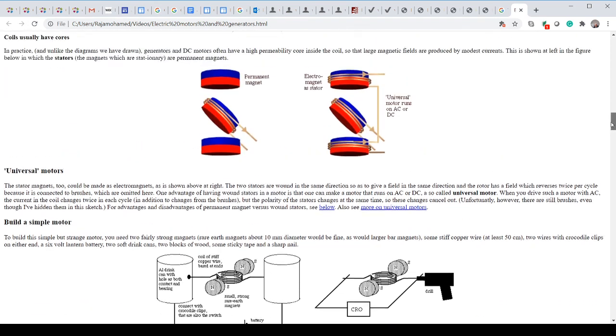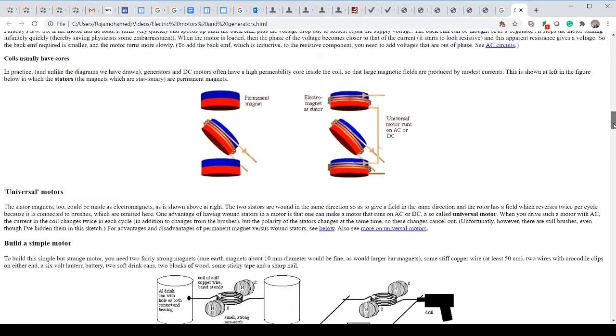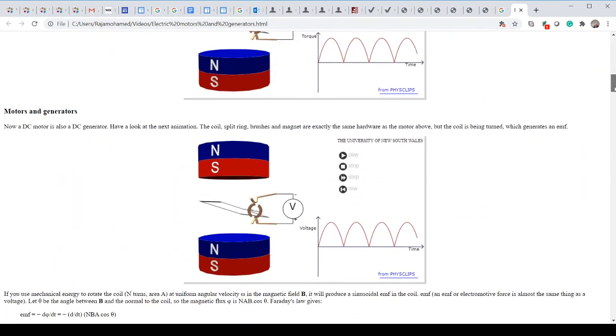Okay, so this is the basic information about the DC machine and how the EMF is generated. You can also visit this website and see really good animations of the generator and DC motor, and the AC motor and the AC generator.